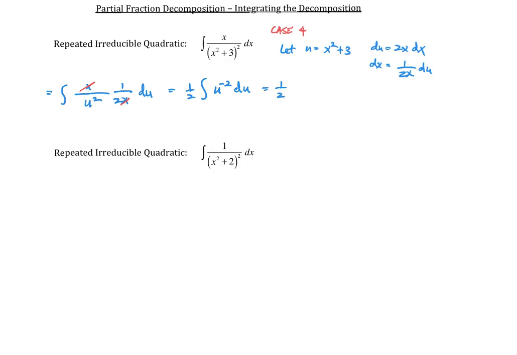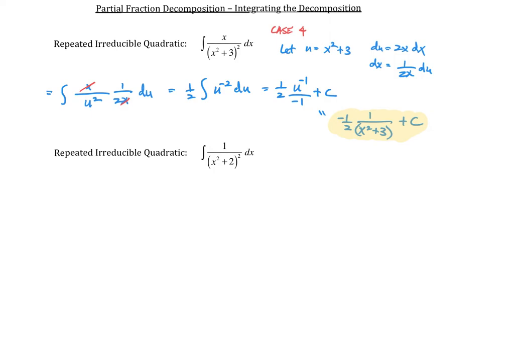I simply add 1 to the exponent, which would make that exponent -1, and divide by what I just wrote, which is -1. Tack on a plus c. Okay. And finally, I am going to sub back. So we're going to get -1/2, 1 over x squared plus 3. Let's put that in parentheses, plus c. Okay, and we'll highlight that as our final answer.